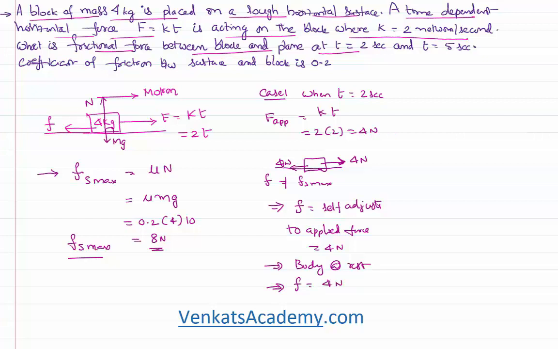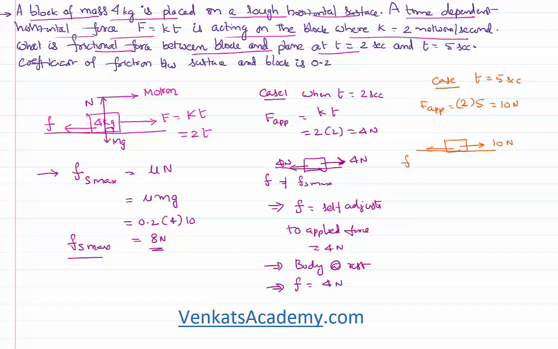Now there is another case. Case 2. When t equal to 5 seconds, then F applied will become, K is given as 2, F equal to kT, 10 Newton. So the body is on the horizontal floor. Applied force is 10 Newton.